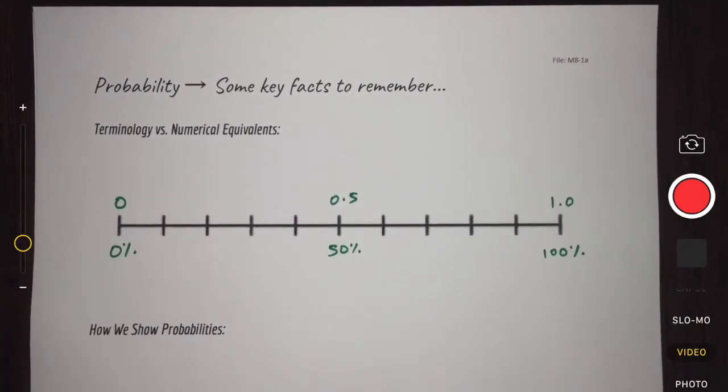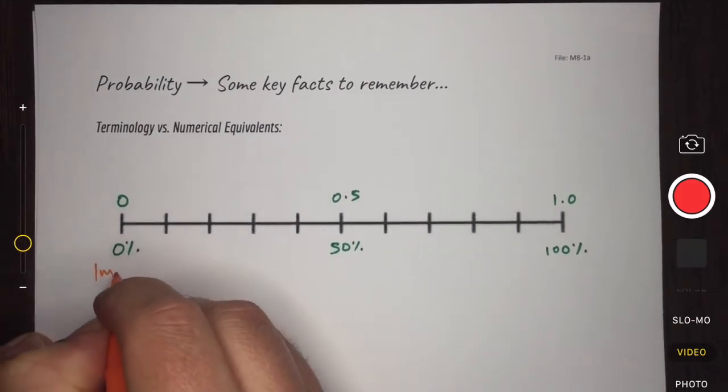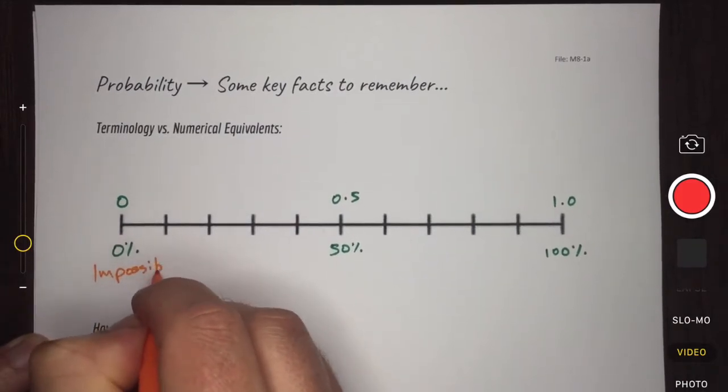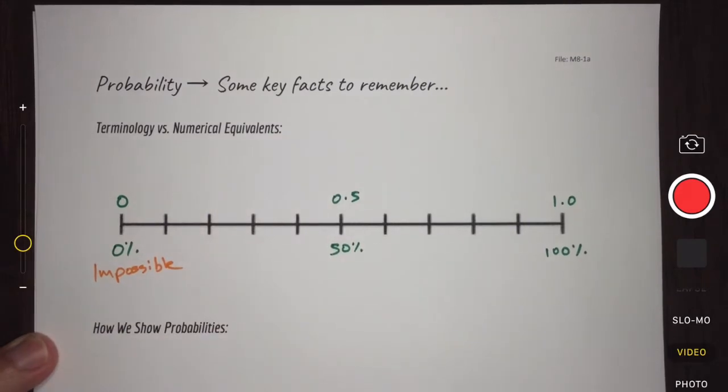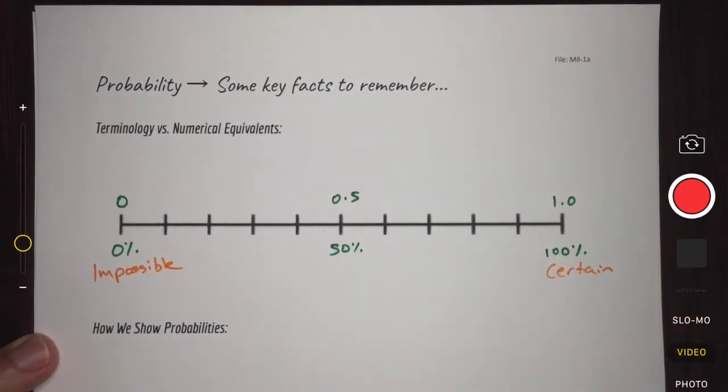Some of the words that we can associate with probability facts are the following. If we know that something cannot happen, therefore it has a 0% chance of happening, we can say that that is impossible. It will never happen. If we know that something is 100% chance of happening, we can say that that is certain.